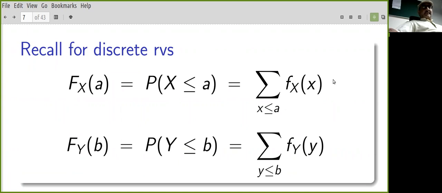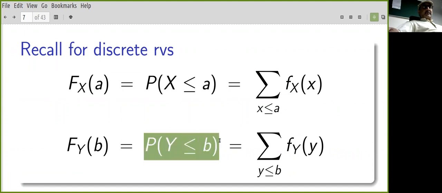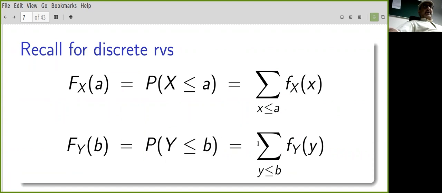And similarly, the notation capital F sub y of b means the probability that Y is less than or equal to b. That's the summation over all the allowed values of y which are less than or equal to b, of the PMF for Y evaluated at y.